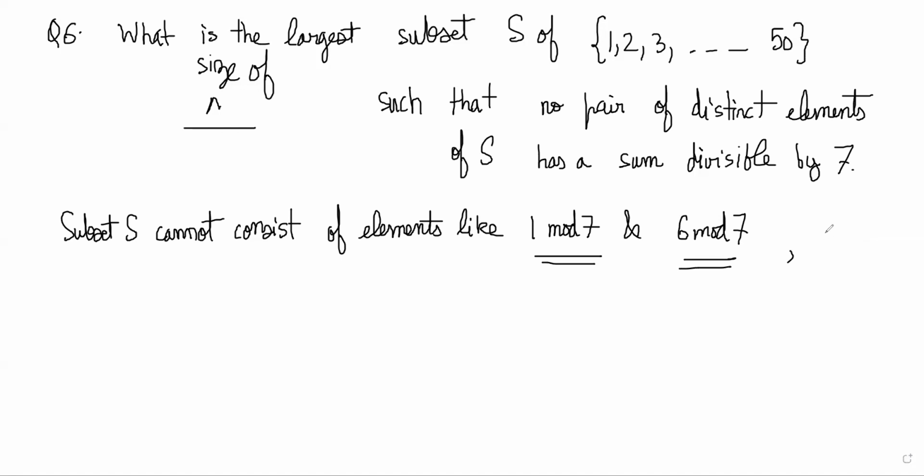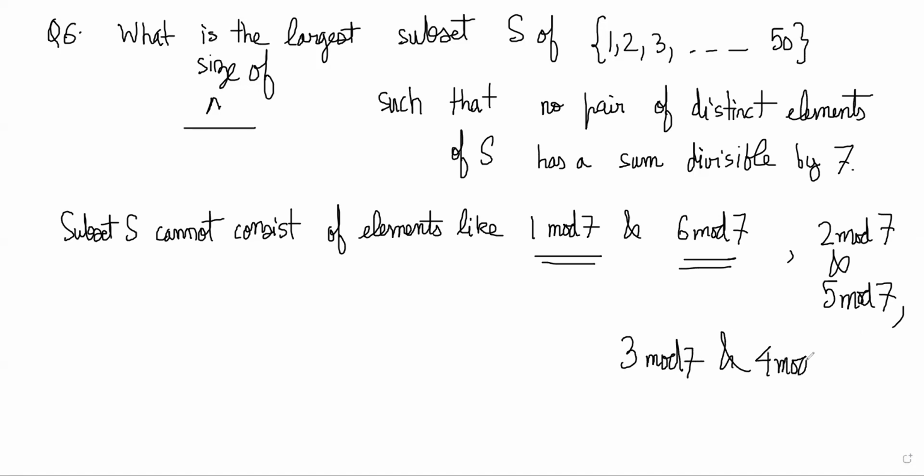Similarly, we can't have elements like 2 mod 7 and 5 mod 7. And we cannot have elements like 3 mod 7 and 4 mod 7. These types of elements cannot coexist because as soon as you take two elements here, one of this kind, one of this kind, the sum will add up to 0 mod 7, right?